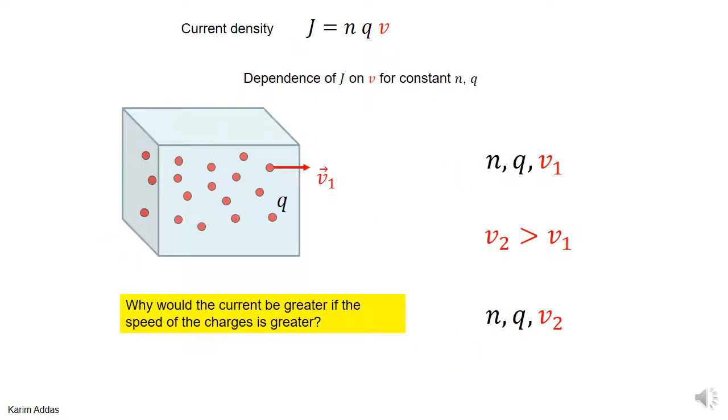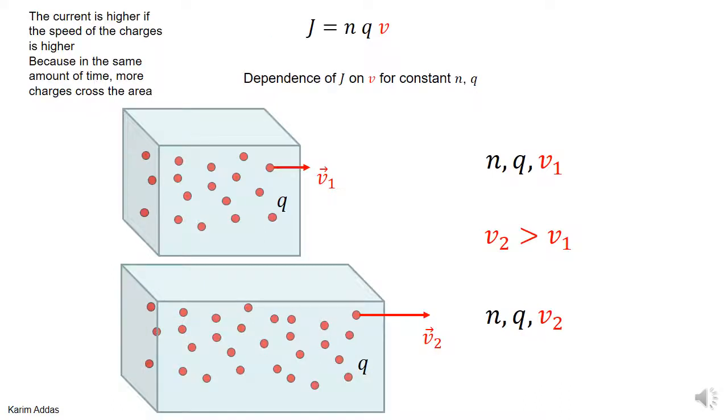And the last thing is how the current depends on v. Why would the current be greater if the speed of the charges is larger? Imagine that you take a stopwatch and you start it when the charges start to go through this area, and then you stop the stopwatch. In the same amount of time, delta t, the number of charges that go through the area will be much larger when their speed is larger.